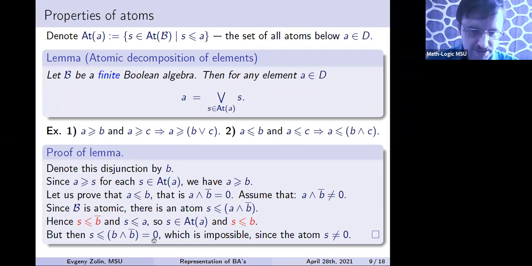And so S is simply 0, but this is impossible. An atom, by definition, is a non-empty element. So this contradiction shows that we proved our lemma.